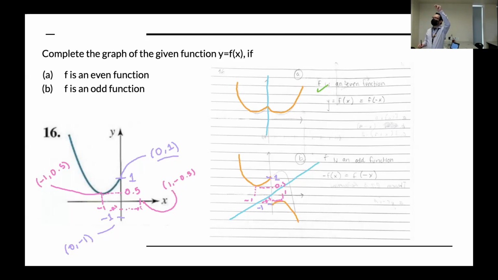And we can do that for any of the values, and it's always going to be mirrored on the other side. Okay.